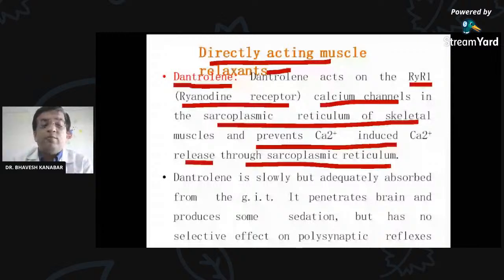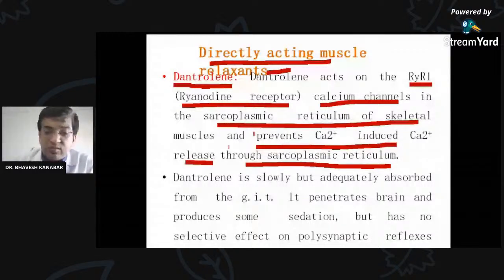As you know, for muscle contraction, calcium release is important. So if a drug like dantrolene decreases calcium release from the SR, the sarcoplasmic reticulum, the muscle is going to relax. It is very simple. Again, remember, dantrolene acts on RYR1, the ryanodine receptor calcium channel in the SR of the skeletal muscle, and prevents calcium induced calcium release.